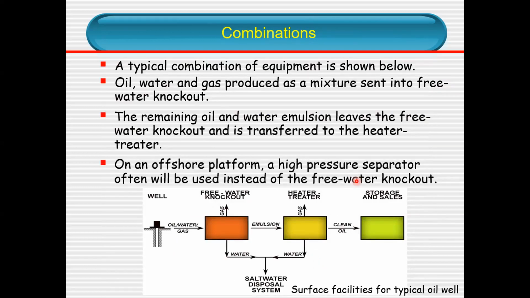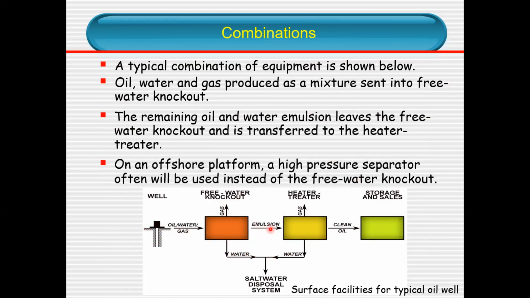A typical combination of equipment is shown below. Oil, water and gas from the wells go into the free water knockout separator. Gas goes up and the water goes down. You have emulsion as well here.